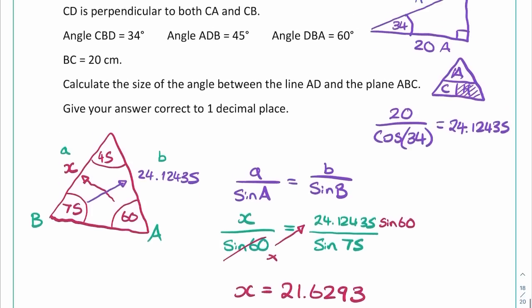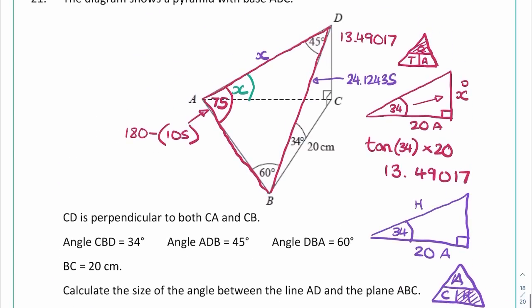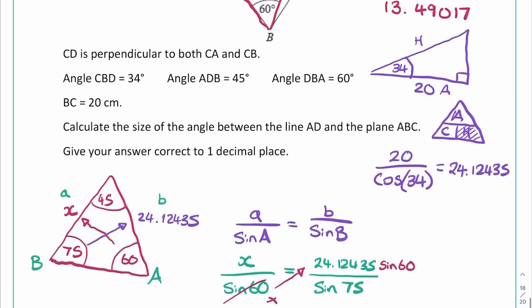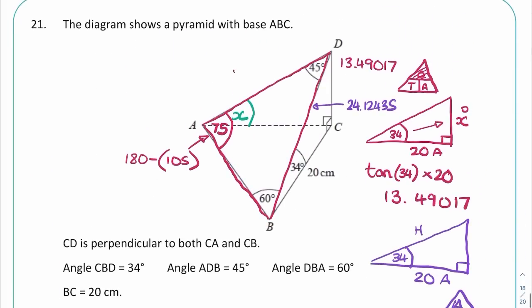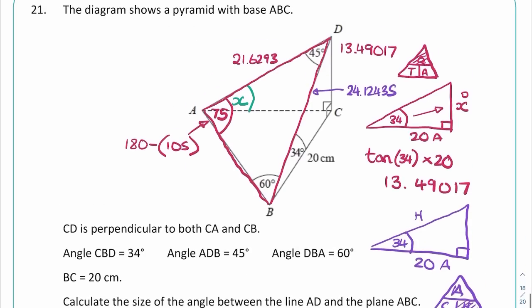So there we go, we now have that length there, and we can almost find the final triangle. So that's 21.6293. Final step now, we can actually find the size of that angle. I'm going to do it up here because there's so many numbers everywhere. It's just easier to do it next to the question.